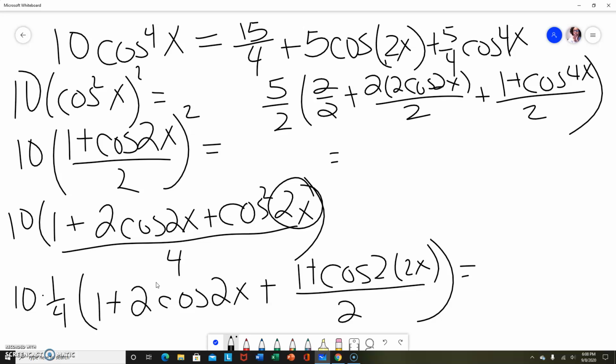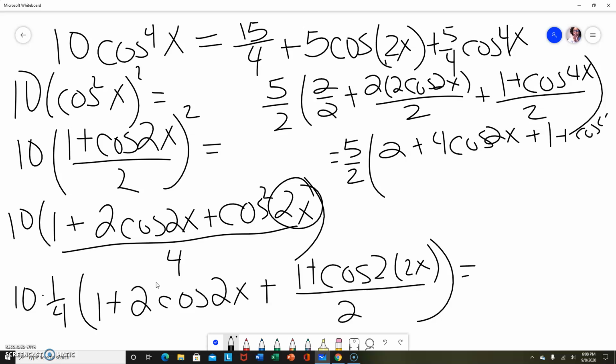So now I can add those values, and so I get 5 over 2 times 2 plus 4 cosine 2x plus 1 plus cosine 4x, all over 2. So I just made my whole denominator 2.